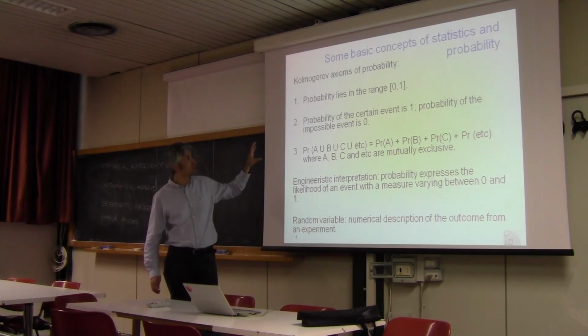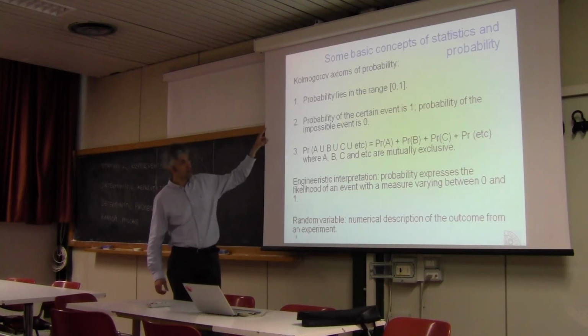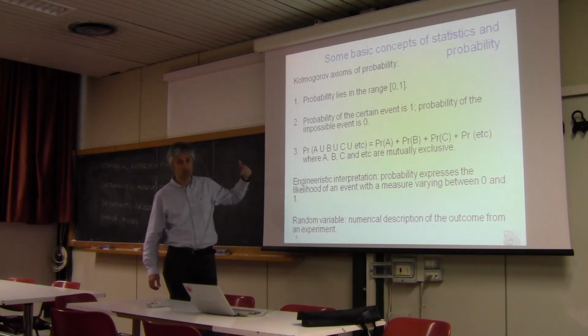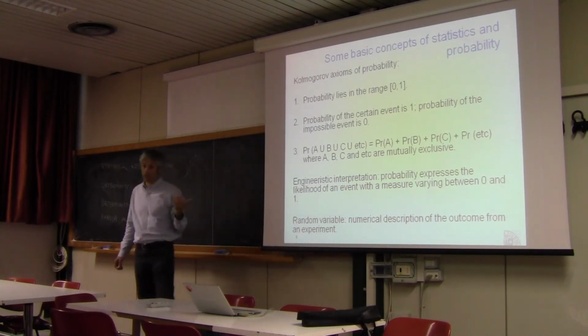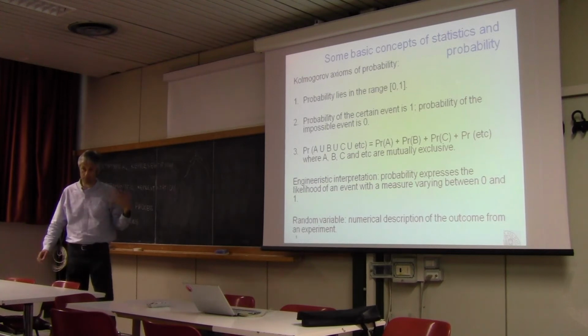So basically Kolmogorov stated that probability should satisfy all these 3 axioms, and any quantity, however defined, that satisfies these 3 axioms is fine to define probability.